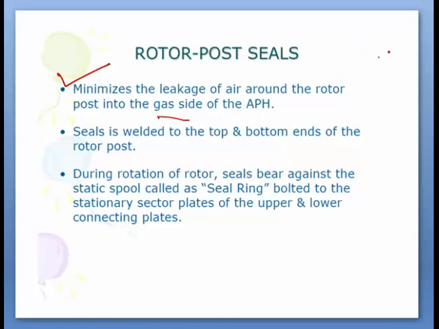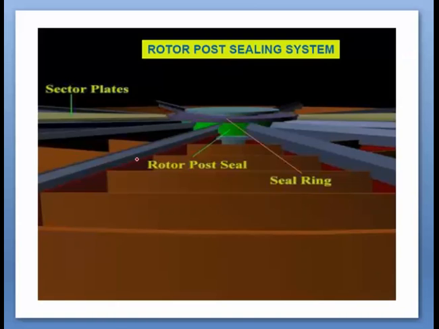So suppose this is the rotor post sealing system. These are the sector plates. This is the radial seal, you can see here. This is the rotor post seal, and this is your seal ring.